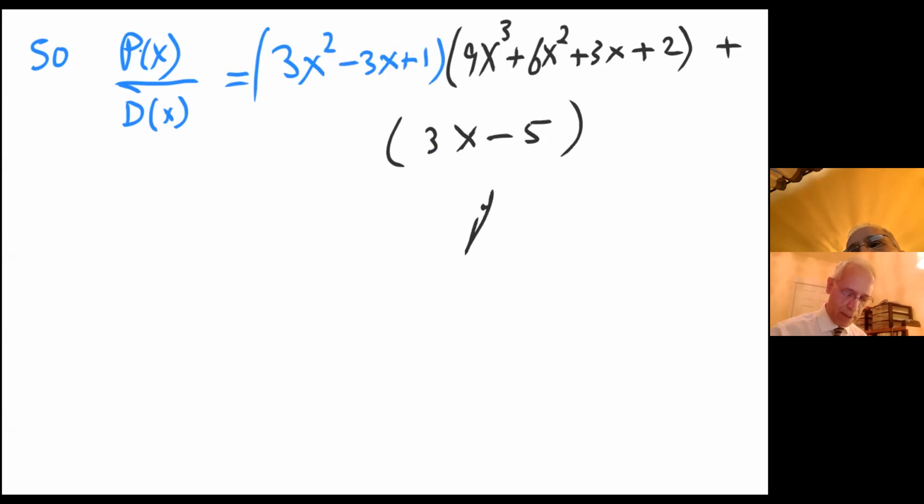And this right here, this 3x - 5 is my remainder.